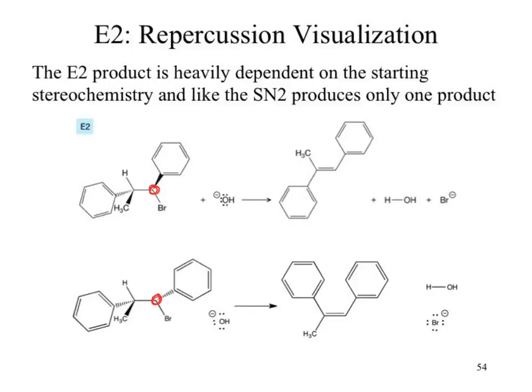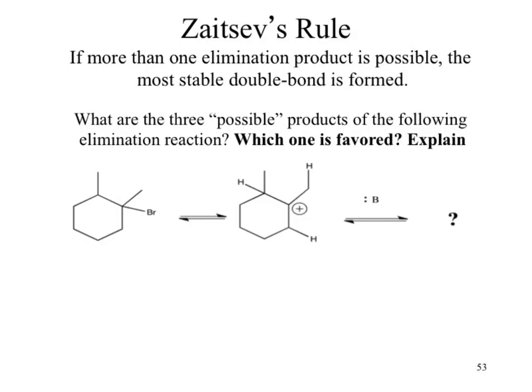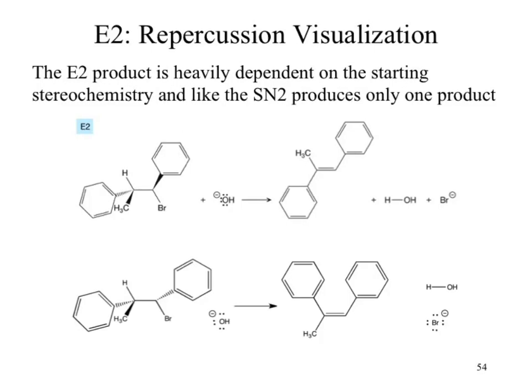Why does this become problematic? What was our previous slide talking about? Form the most stable double bond. Is this the most stable double bond? No. When do we form the most stable double bond? In our E1 eliminations. As soon as we hit E2, we have to be much more careful when we evaluate our products.